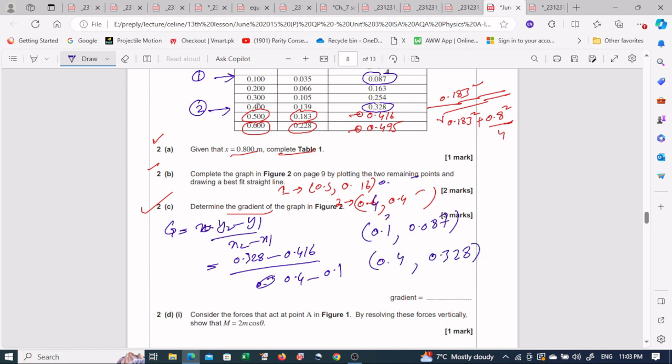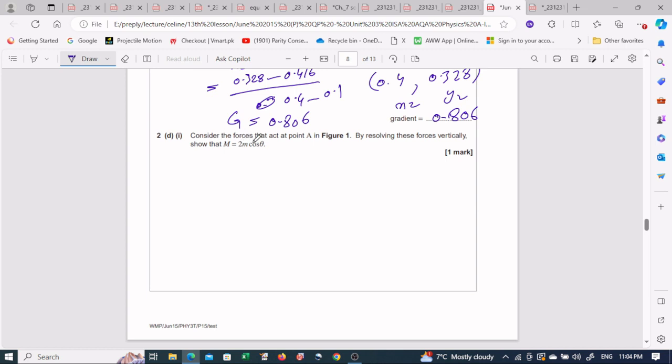Now with x1 y1 x2 and y2, we take the y difference and so we get the slope, which is equal to 0.80. This is the slope or gradient. So the gradient is 0.80.